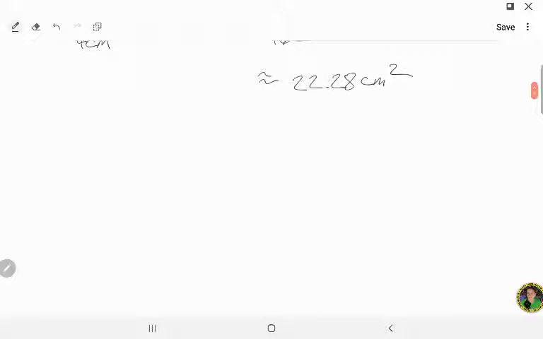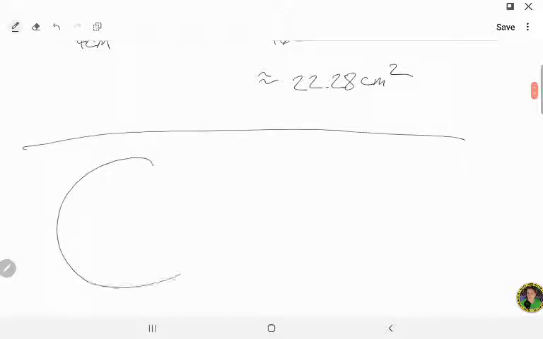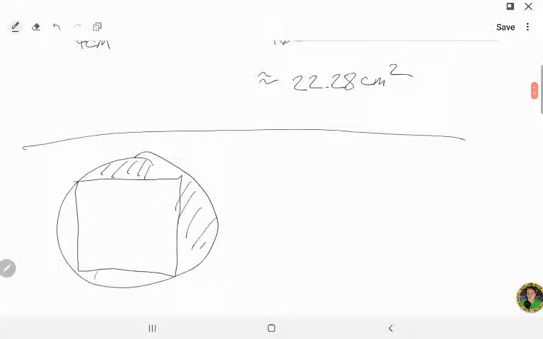So an interesting aspect of that is we notice that if we wanted to have a circle with a square cut out of it, so this is called a square inscribed inside of a circle, we might want to know what's the area of the shaded region. And we would need to know what the radius of the circle is. So we'll say this circle is going to be of radius 12 centimeters.